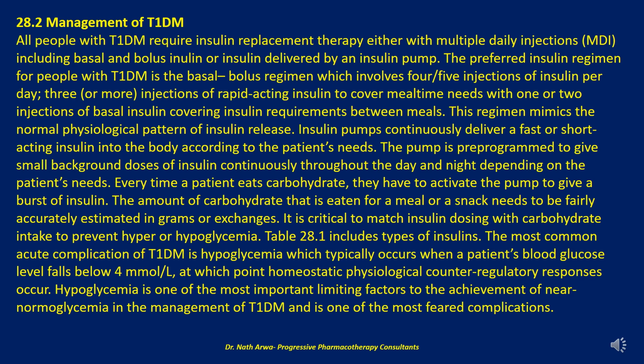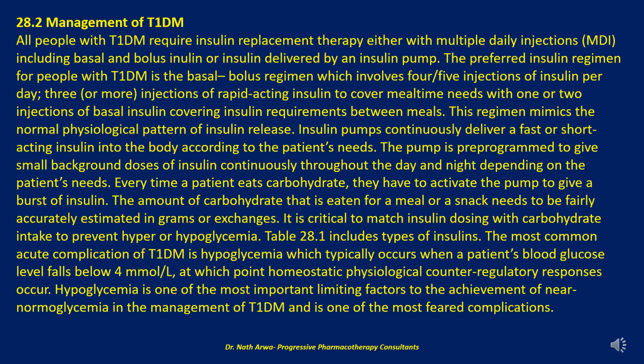Insulin pumps continuously deliver a fast or short-acting insulin into the body according to the patient's needs. The pump is pre-programmed to give small background doses of insulin continuously throughout the day and night depending on the patient's needs. Every time a patient eats carbohydrate, they have to activate the pump to give a burst of insulin.